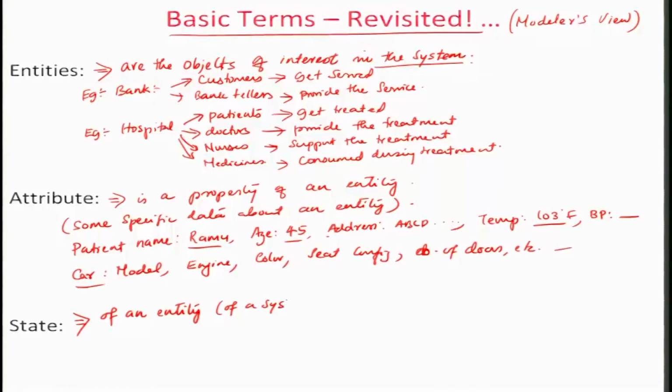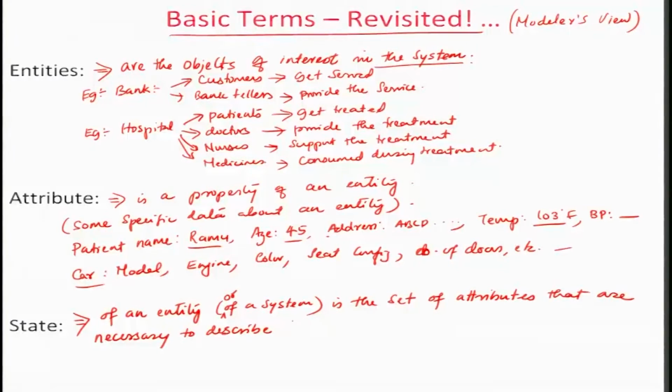The state of an entity or of a system is the set of attributes that are necessary to describe the entity or the system at any given time.